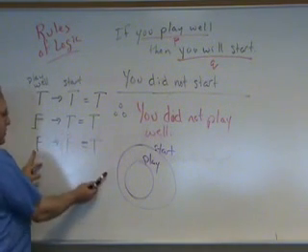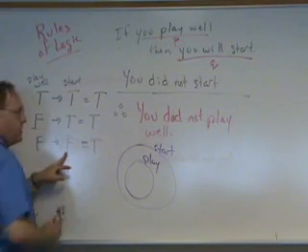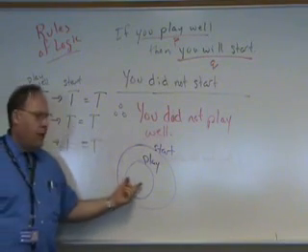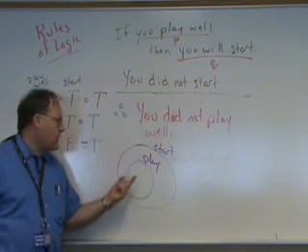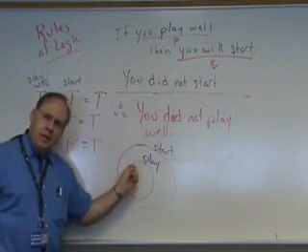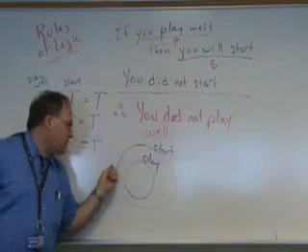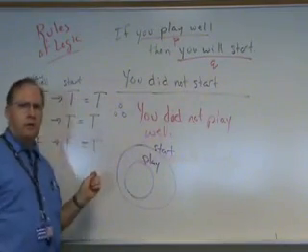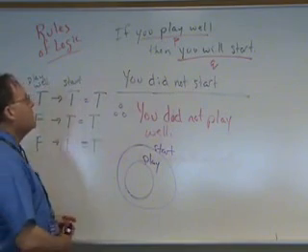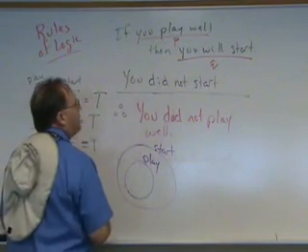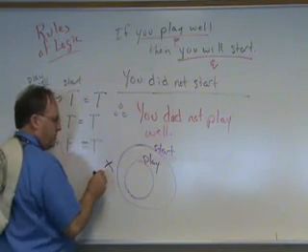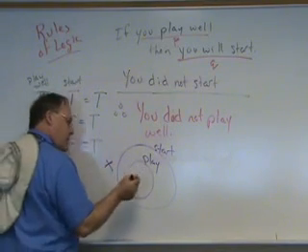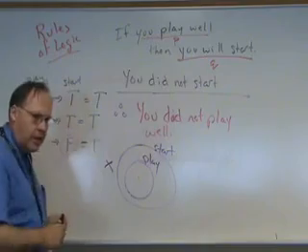But if you don't play well, then you have a possibility of not starting. So not playing well doesn't guarantee that you start or not start. But playing well, being in this group, actually means that you will start. So if you play well, then you will start. If you didn't start, that means you were out here, that would indicate that you did not play well.